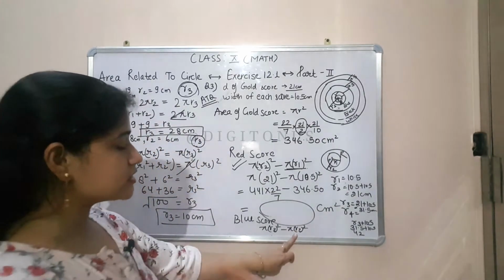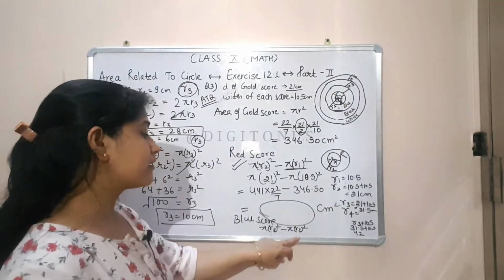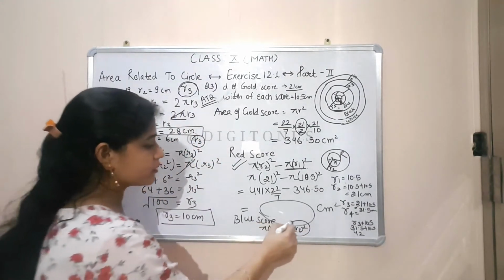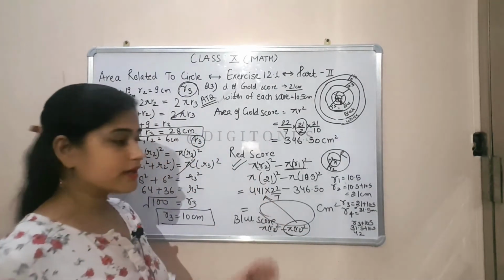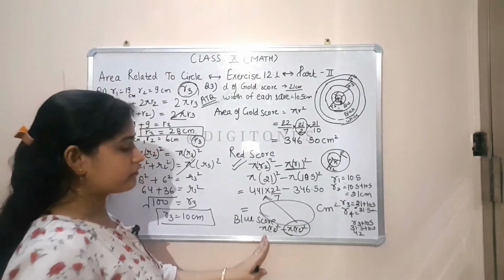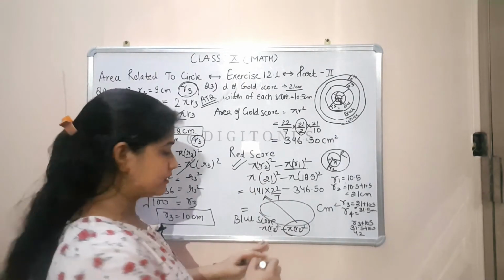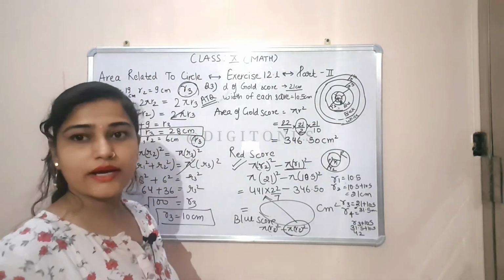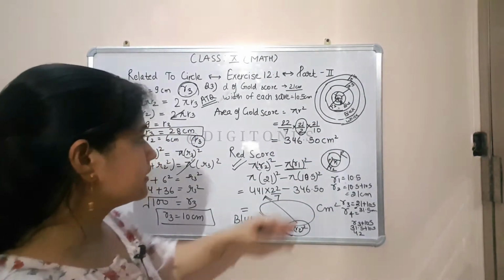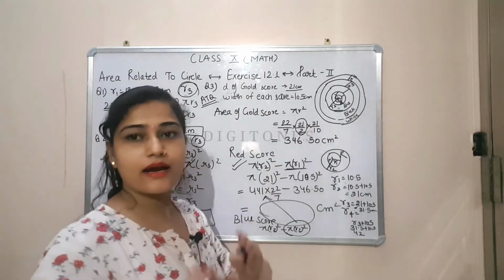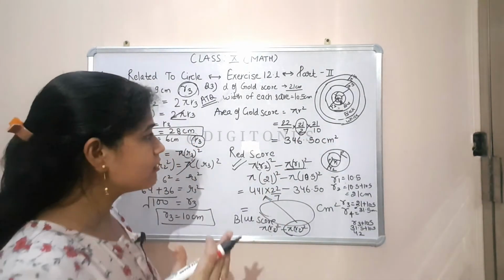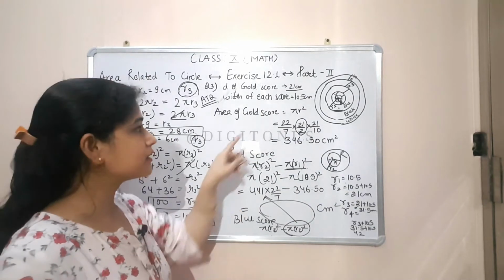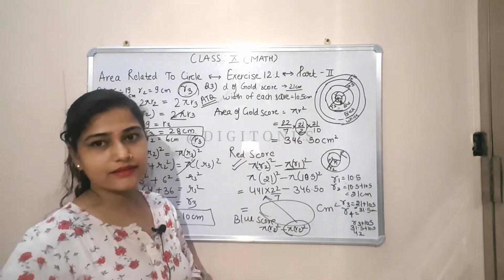In each score's area you do not need to find the earlier area again, because you have found it here. So take it from here and subtract from the outer circle. Then for black score area, pi R4 square minus pi R3 square. Then for white score area, pi R5 square minus pi R4 square. So like this we will find the area of each score in this question.